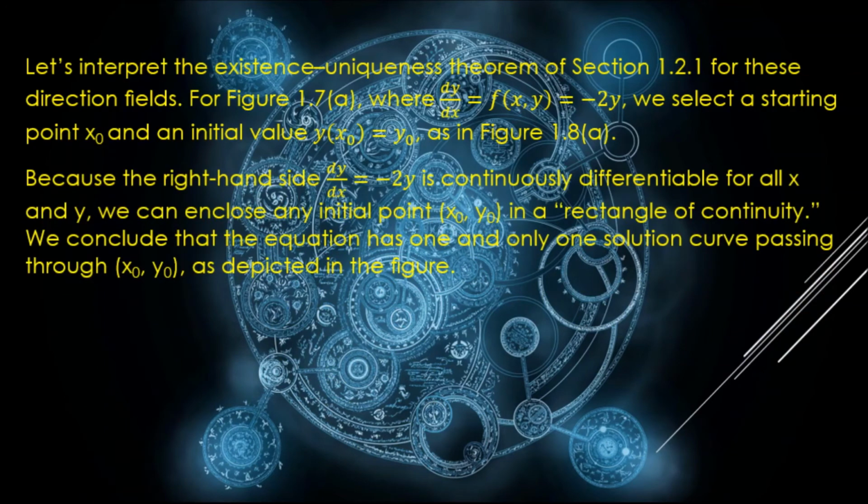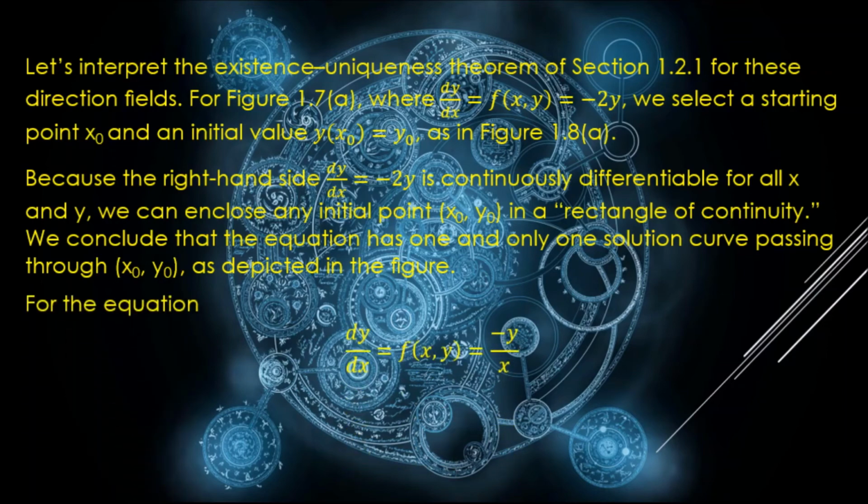Because the right-hand side is continuously differentiable for all x and y, we can enclose any initial point (x₀, y₀) in a rectangle of continuity. We conclude that the equation has one and only one solution curve passing through (x₀, y₀), as depicted in the figure.